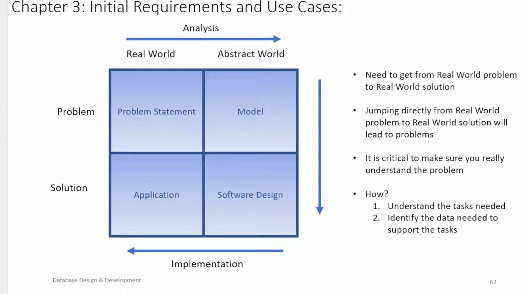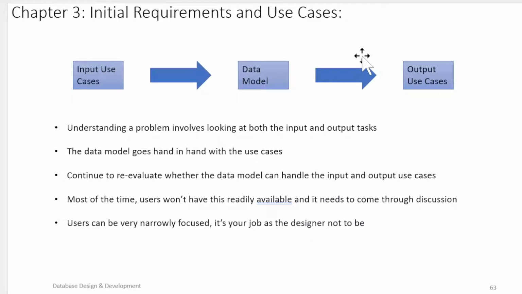Jumping directly into it never works easily, because there's a lot of understanding that needs to go into requirements gathering in order to develop a solution. So again, we need to understand the task and identify the task data needed to support the tasks.